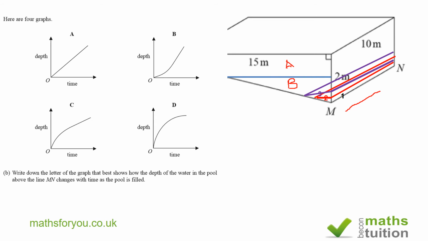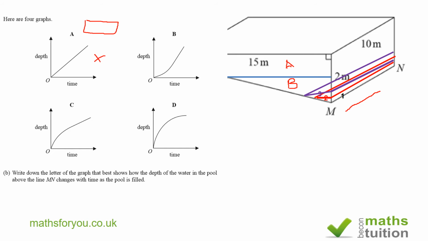So in effect, when water is introduced into the swimming pool, we expect a change of gradient at some stage. For graph A, there is no such change in the gradient. Graph A seems to indicate that the cross-sectional area is a rectangle. So A is not our answer.